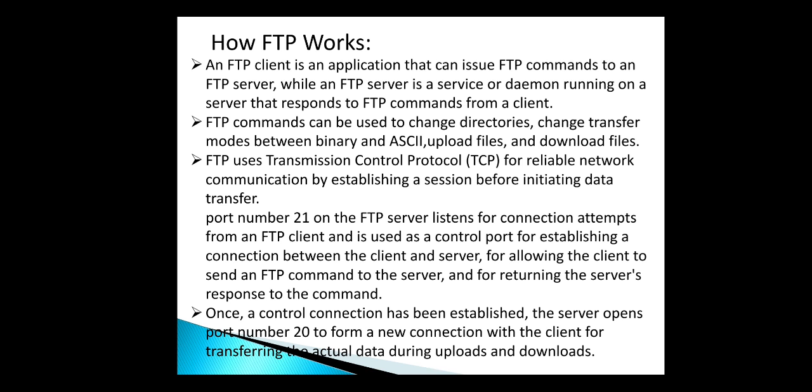Once the control connection has been established, server opens the port number 20 to form a new connection with the client for transferring the actual data during the uploading and downloading. Means FTP port number 21 is used for control connection, that is actual connection between FTP client and FTP server. Once the connection has been established, server opens the port number 20 and on this port number 20, server allows actually transferring of data, that is uploading a file and downloading a file.